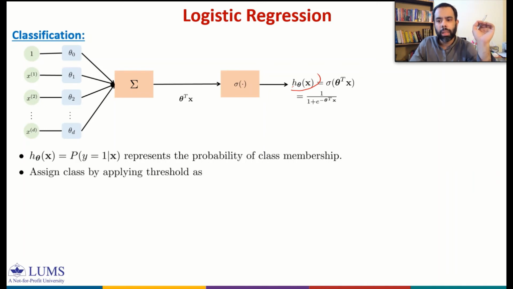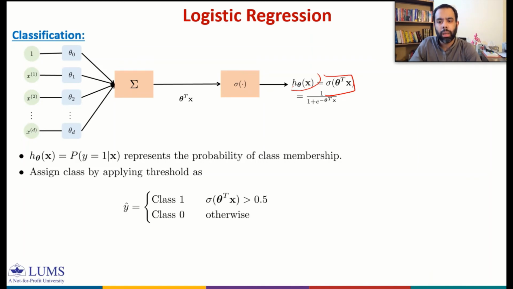It assigns class by applying a threshold. So for any input x, we compute this probability, and if h theta of x, this sigma of theta transpose x, is greater than 0.5, we assign y hat the label class 1.